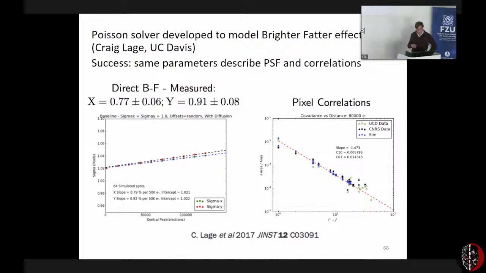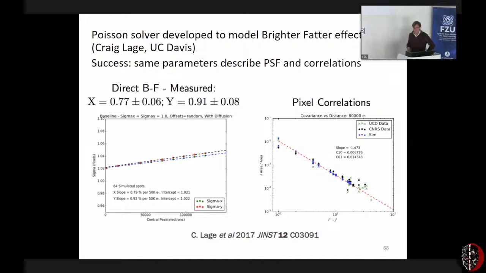So the Poisson solver predicted that the effect will be a little bit different in X and Y, which is quite natural because the CCDs read out charge along the columns. So the structure of the columns is different from the structure of the rows. And indeed, this sigma is different for X and Y. That's why you also will have ellipticity associated with this effect, which is very dangerous.